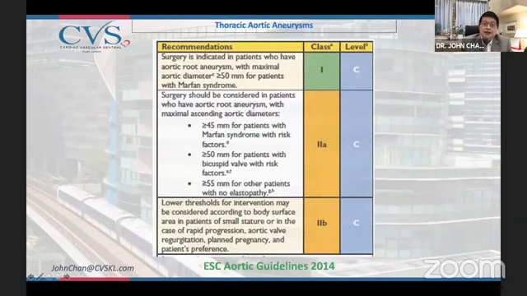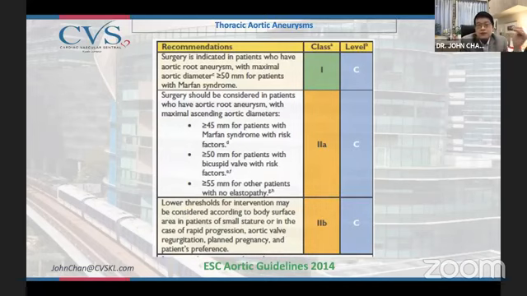So these are the recommendations. In this case, this is from the European Society of Cardiology, that surgery is indicated in patients who have an aortic root aneurysm with maximum diameter of more than 50 millimeters for patients with Marfan syndrome. So Marfan syndrome is a connective tissue disease which puts the patient at increased risk of aortic dissection.